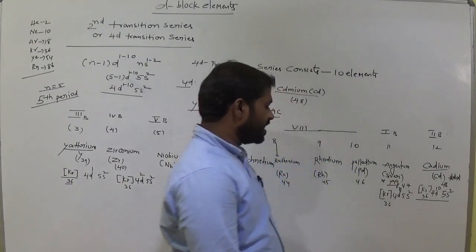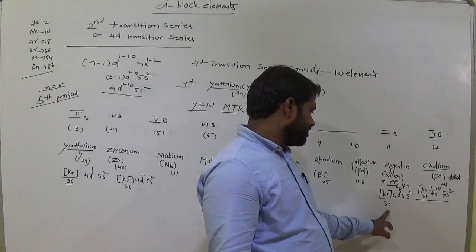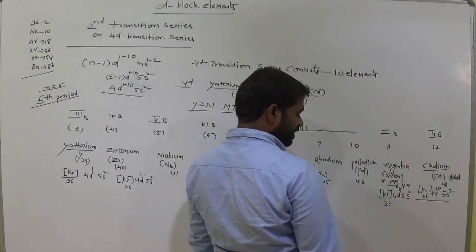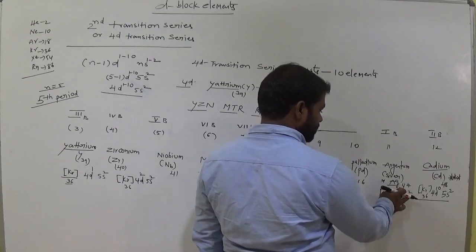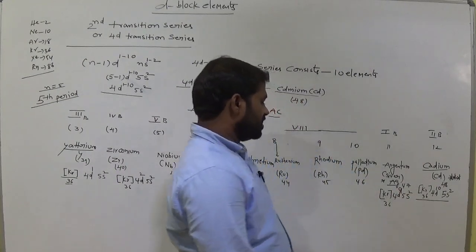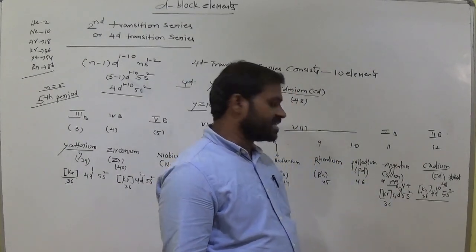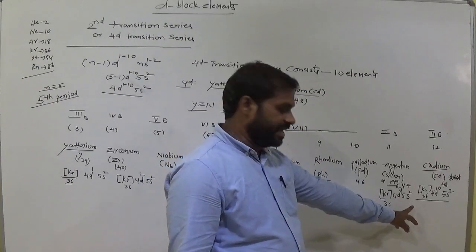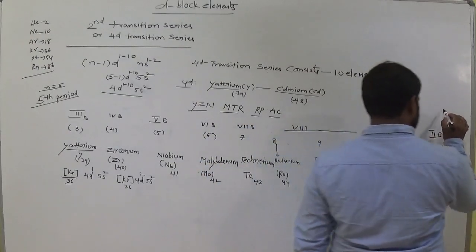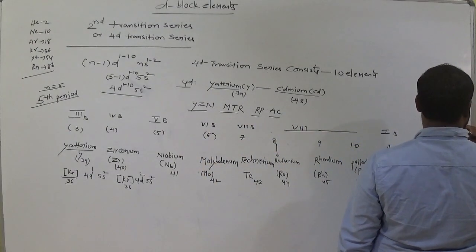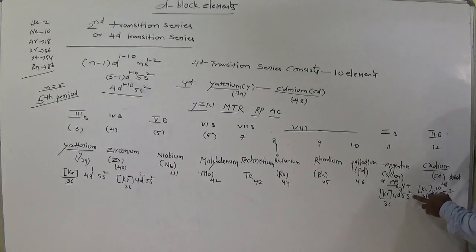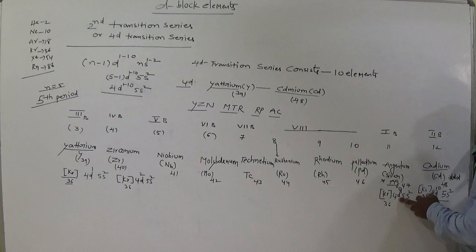Now count it: 36 plus 2, 38, clear. 38 plus 9, 47, clear. So after the s orbital there are 9 electrons in d, am I right?